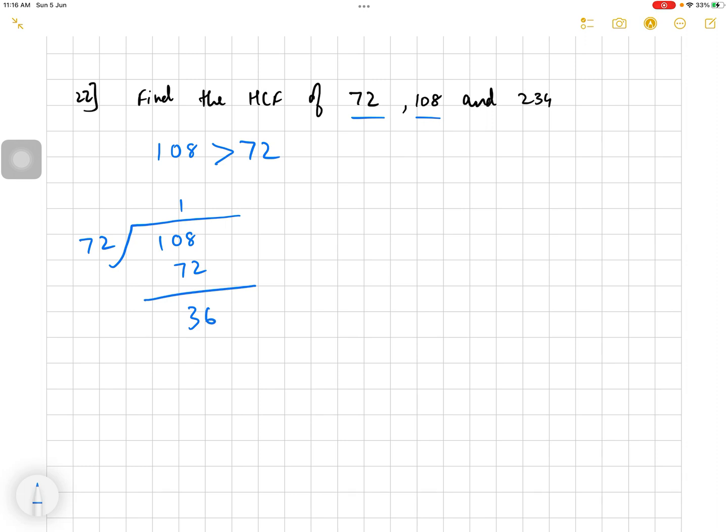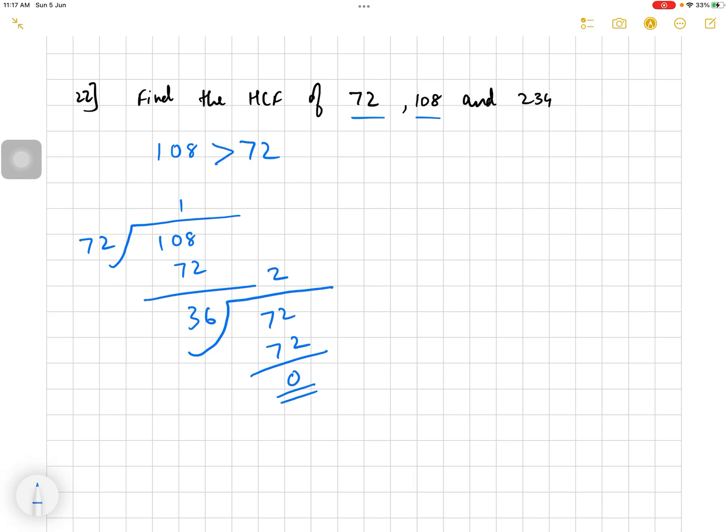Now my 36 will be the divisor and 72 will be my dividend. 36 twos are 72. My remainder has become 0. So the HCF between 108 and 72 is 36.